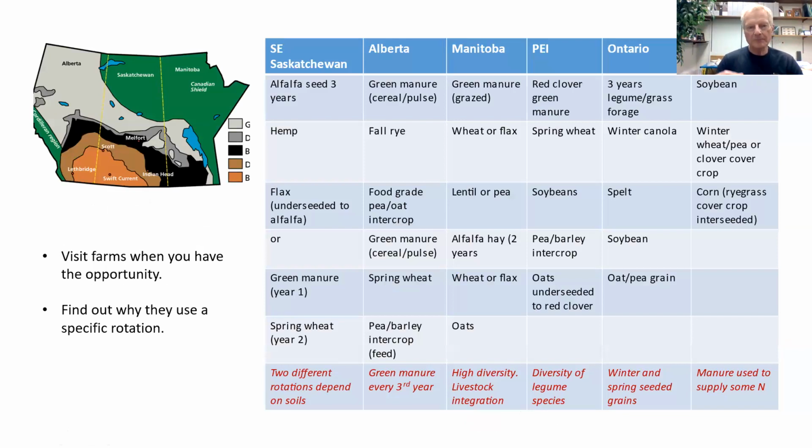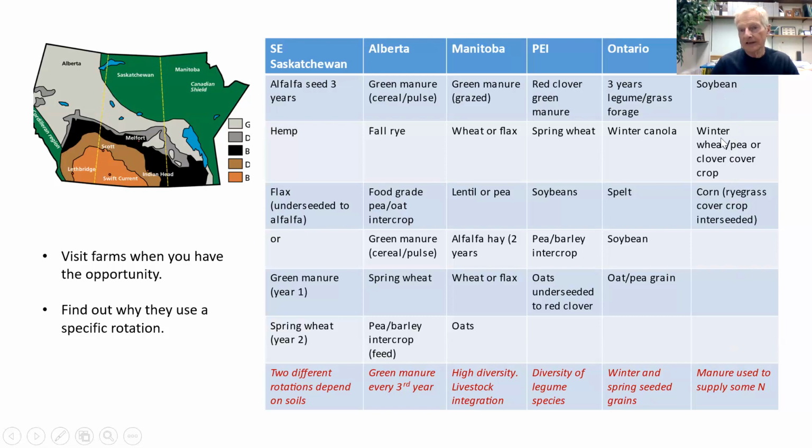In the notes that accompany this, I've got different examples of crop rotations, and these are real live crop rotations from different parts of Canada. At the bottom, I've highlighted some of the features of these crop rotations. This one in Quebec, they use a lot of manure to supply the nitrogen.